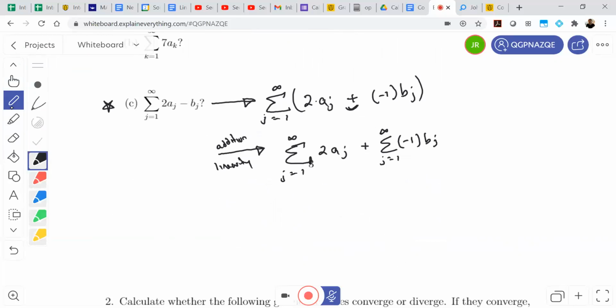From there, again using linearity, but this time using that linear fact that lets us pull out constants, I can pull out a 2 and I can pull out a -1. And so that will give me 2 times the sum of the A sub j's, plus -1 times the sum of the B sub j's.